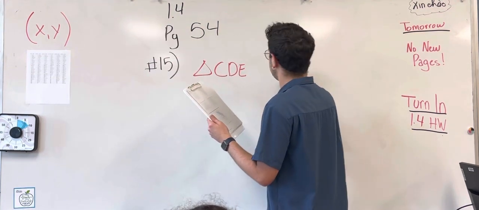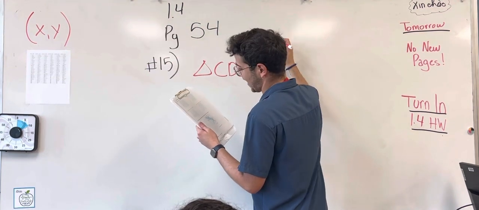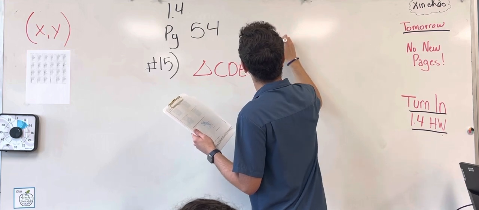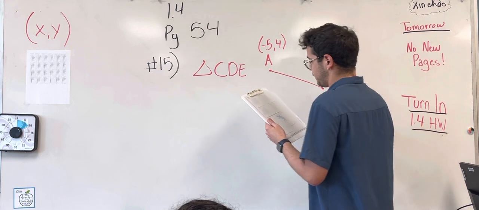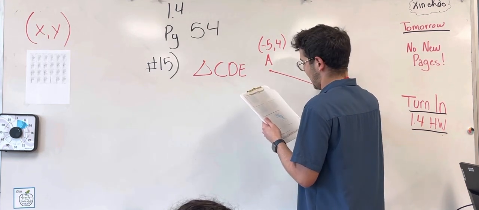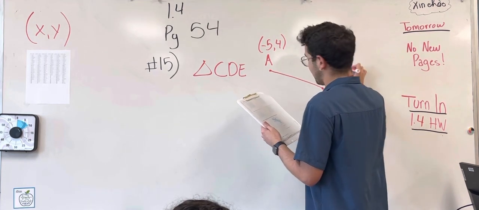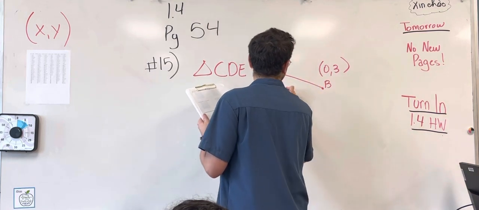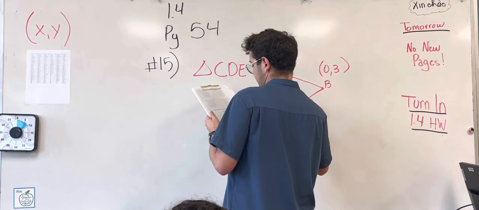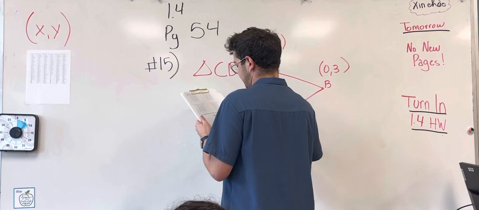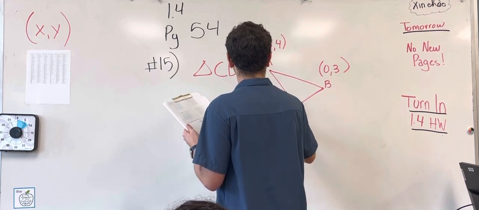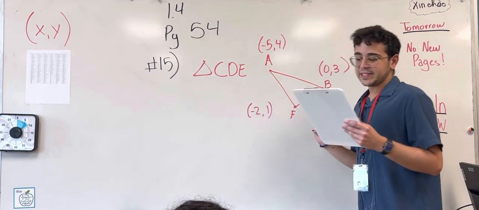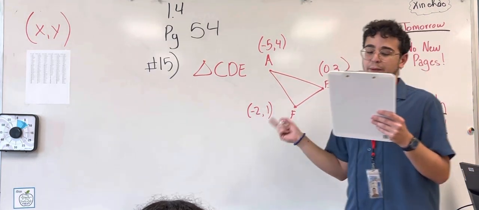Looking at triangle CDE, we have a vertex A at -4, 5. We have a vertex B at 0, 3, and then we have the final vertex at F, which is -2, 1. So looking at this, let's go ahead and find the perimeter.